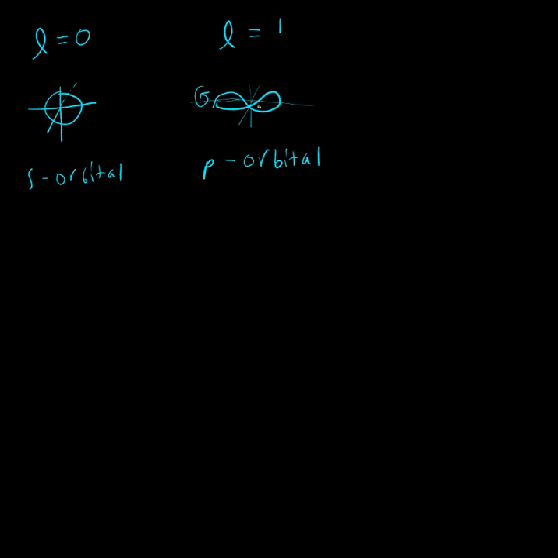So these are the two big ones. These are the ones that I'll probably ask you to actually remember because they're the ones that we see the most often. But let's go a little bit farther. I think the last one that I really think is important or has some importance to know is L equals 2, and that's going to be a double dumbbell.